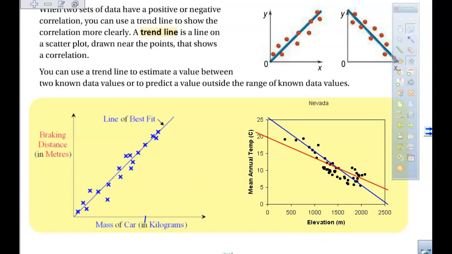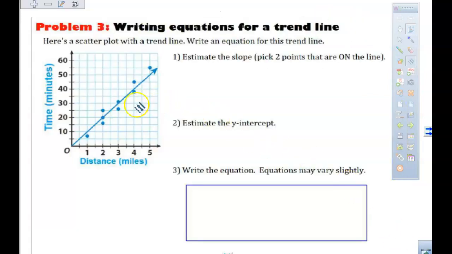The next part down in your notes, we're going to be more specific. So this would have been a scatter plot that you would have drawn, and here is a line. How do we do this when we're in our assignment, when I have a scatter plot and you've just drawn this line? It says, estimate the slope. Pick 2 points that are on the line.